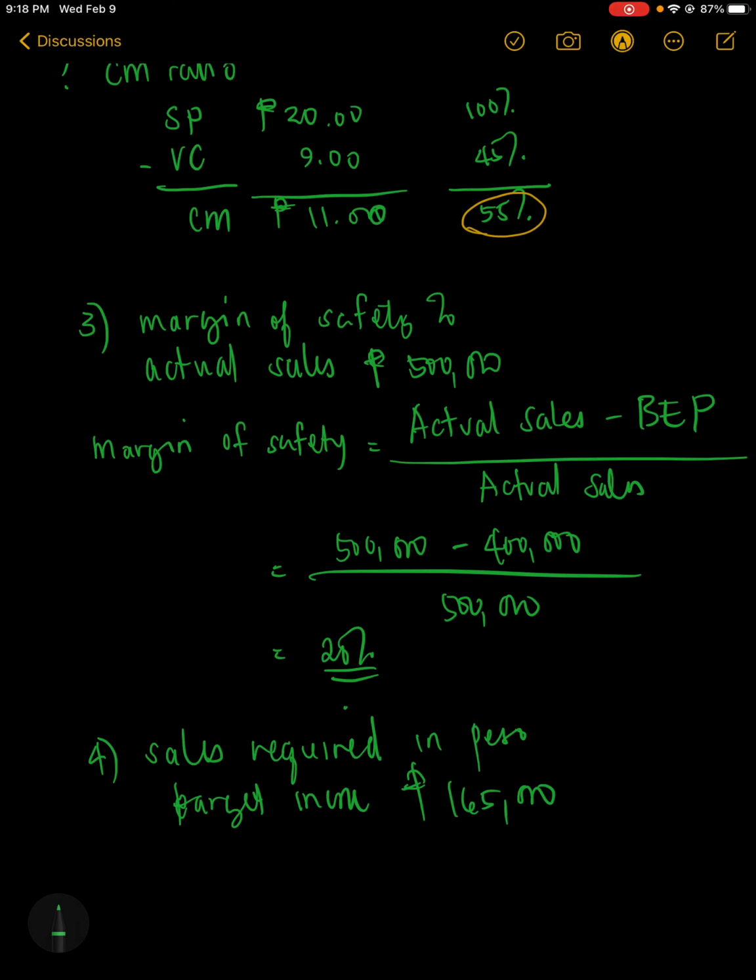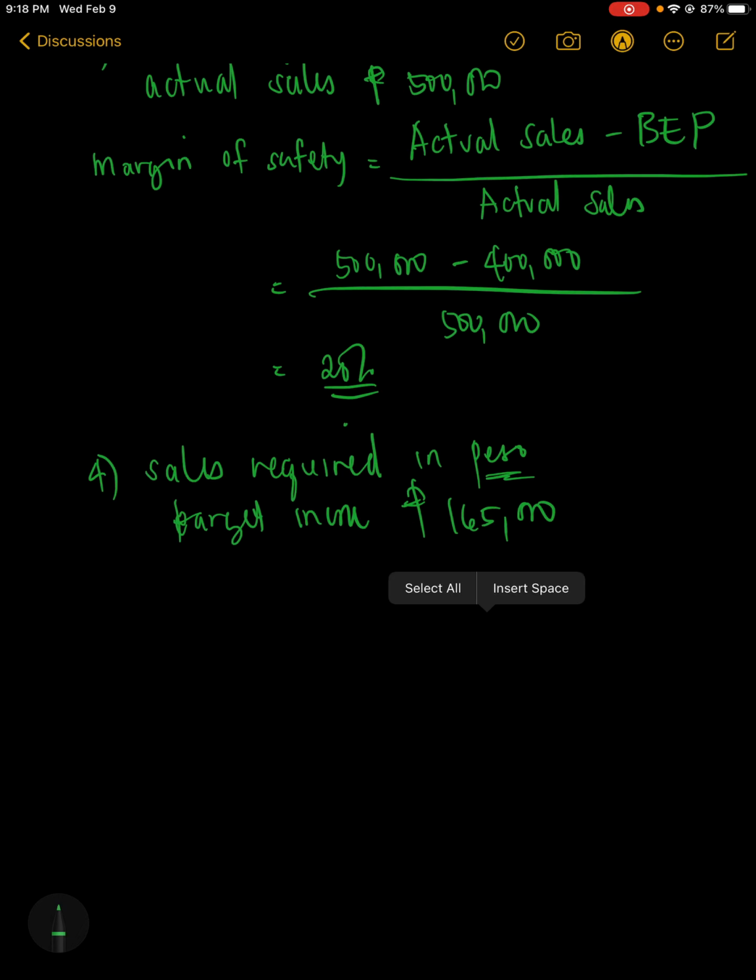Okay. What we are looking for is the required sales in peso, if your target income is 165,000. So, here, you can again use the mathematical equation. So, in our mathematical equation, we have sales, and then variable cost, fixed cost, and then net income.